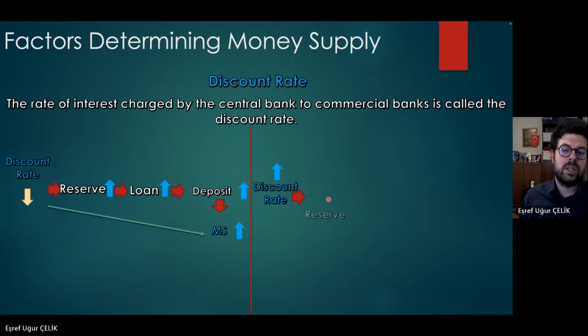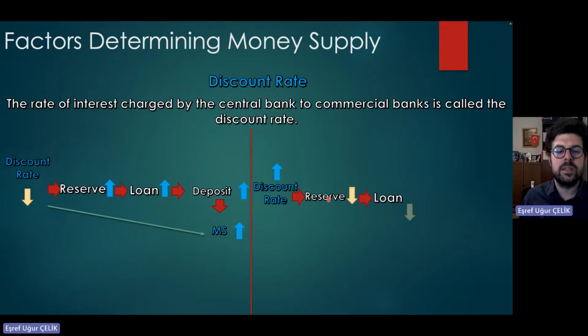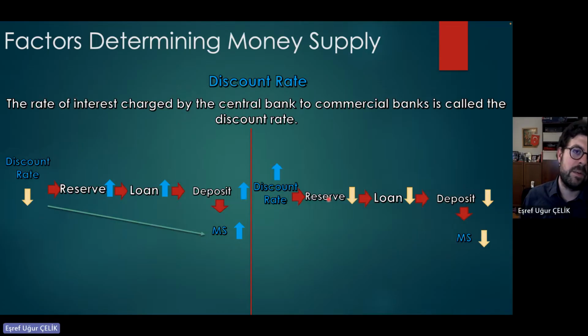So their reserve level becomes low, and their loan and deposit levels become low. In that sense, the money supply amount also becomes lower. So when the discount rate increases, the money supply becomes lower because the cost of borrowing for the banks becomes higher.